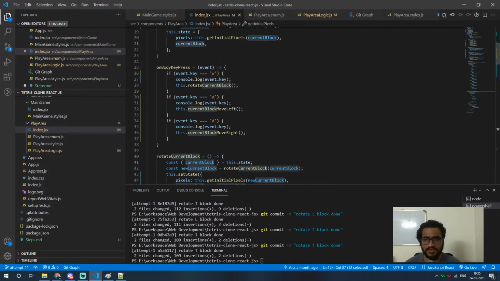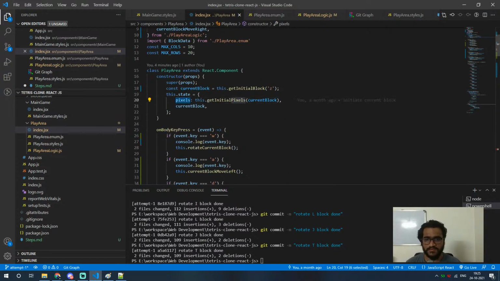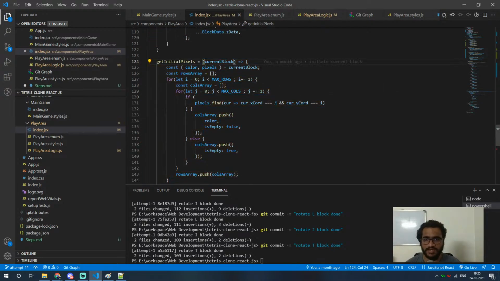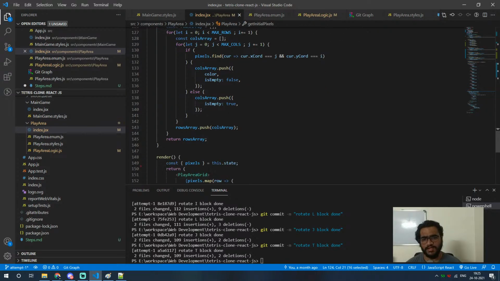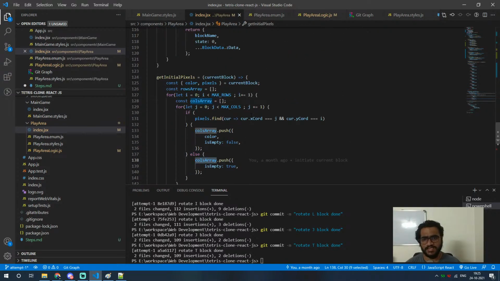when getting initial pixels from the start, we are getting the current block, and then we are setting it as it is, right?